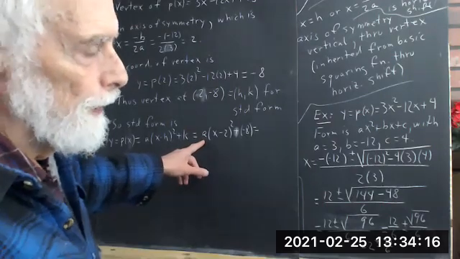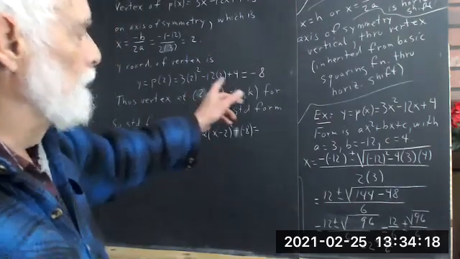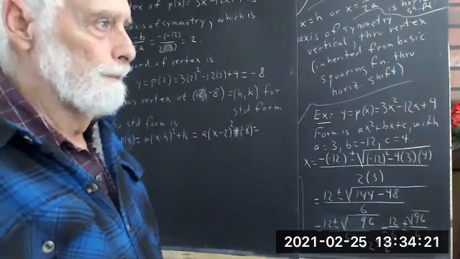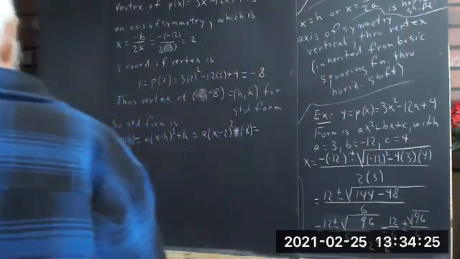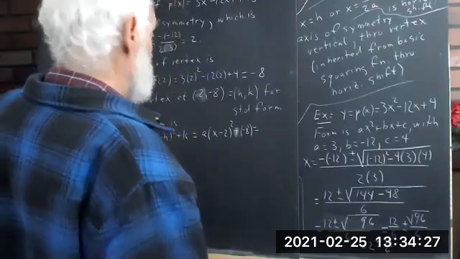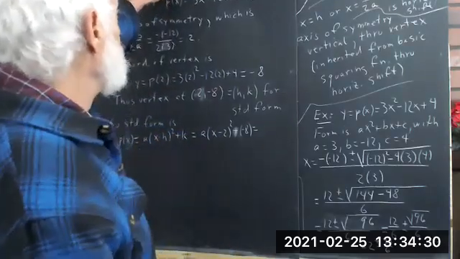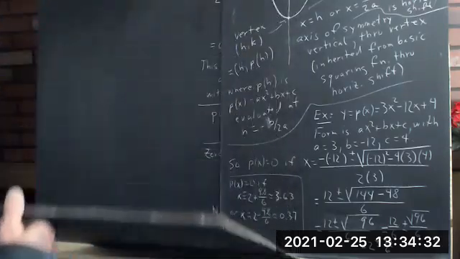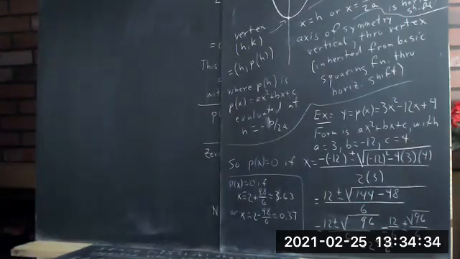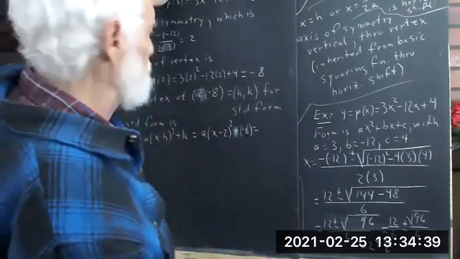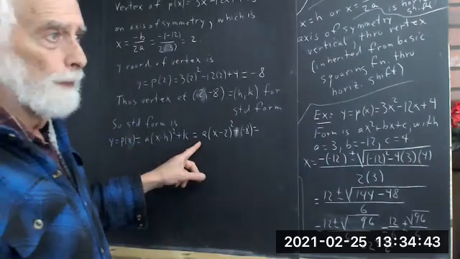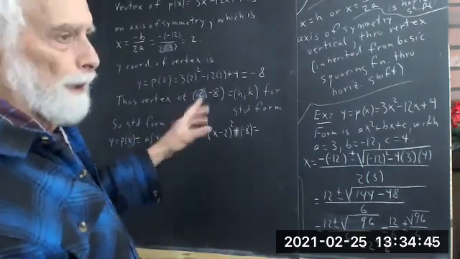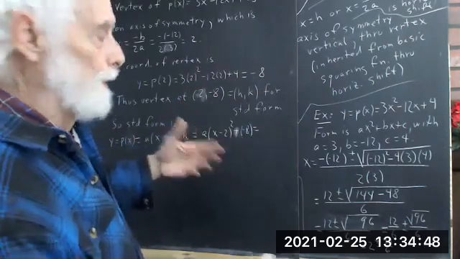A is the same for the vertex form and the standard form. We can see that, except I don't know which board to flip over to see it. No, it's on the back of this board, so I'm not going to show it. Okay, anyhow, A is the same for the vertex form and the standard form. And if you look back at what I did, you see that it's going to be the same.